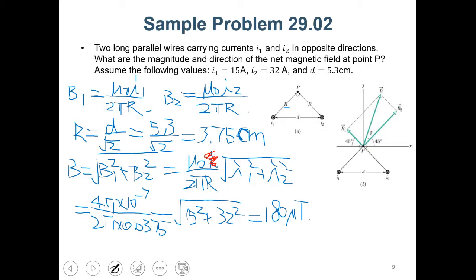So this is the magnitude of B, and we would also like to know the direction of this vector.